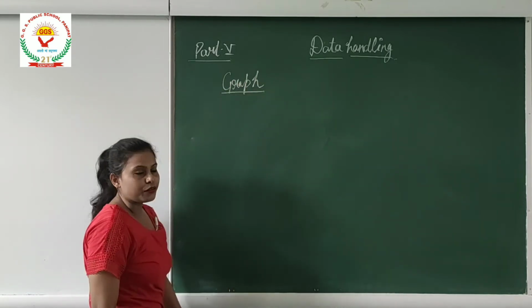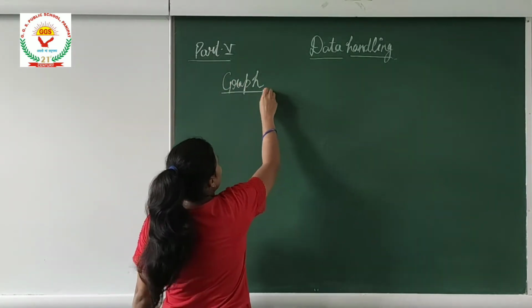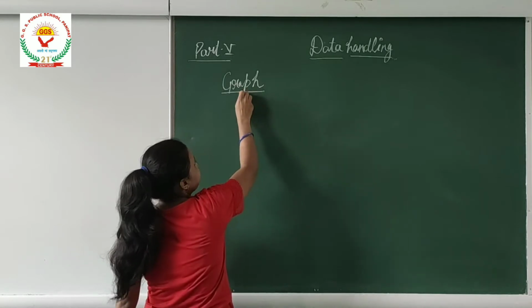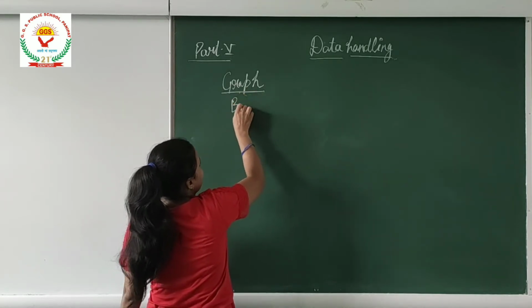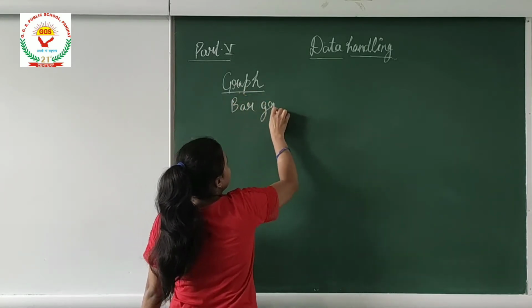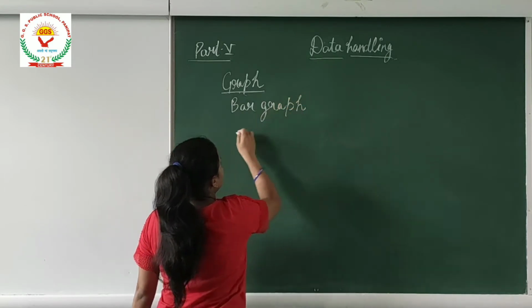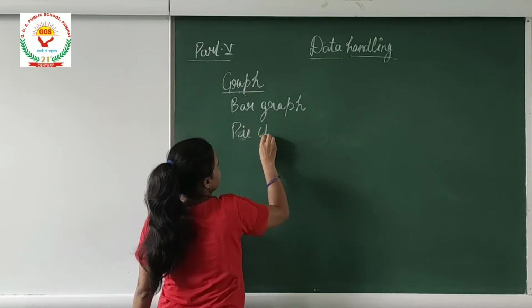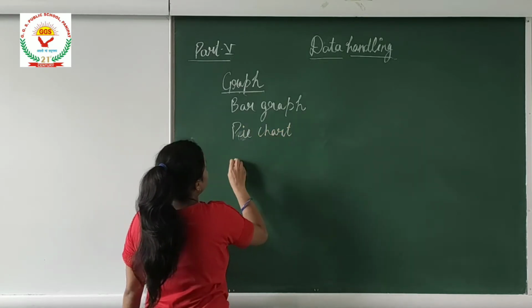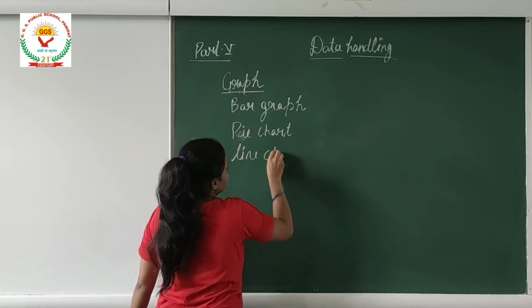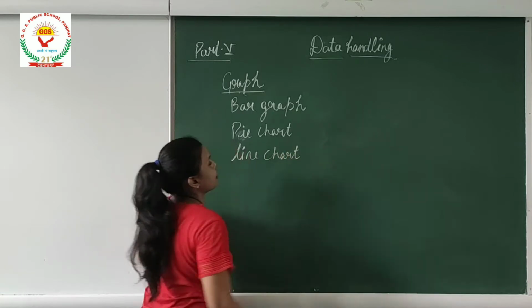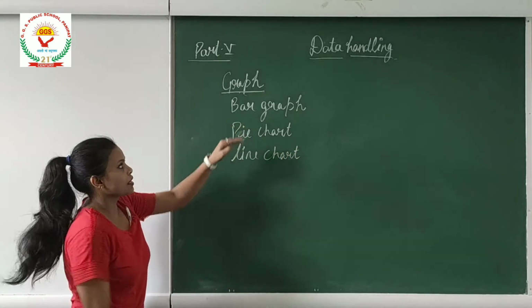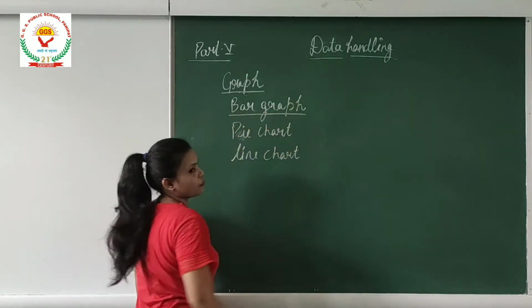So what is a graph? Graphs are of many types, like bar graph, pie chart, line chart. But in this chapter we will only study about the bar graph. Alright.